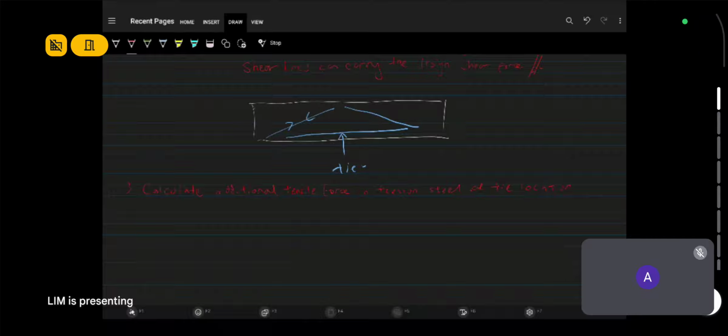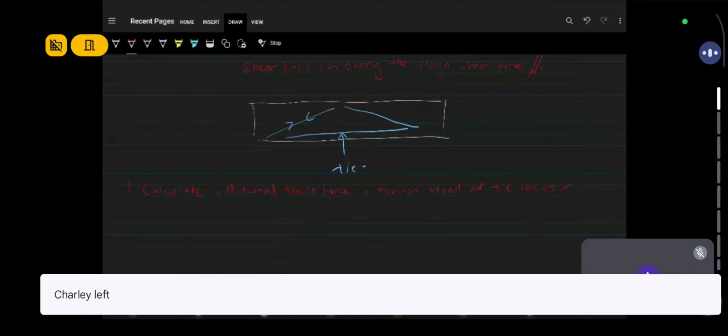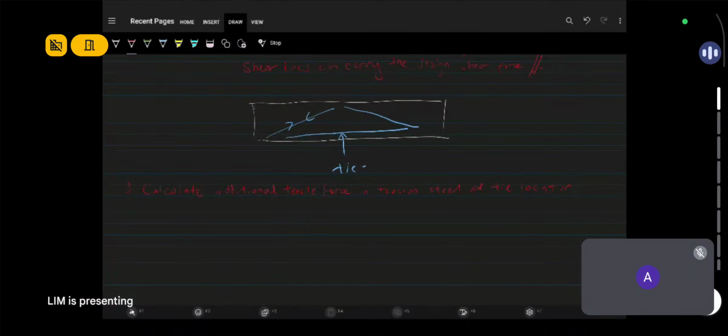Okay. To calculate the tensile force, again, you need to know the angle theta, which we calculated already. So no problem there.